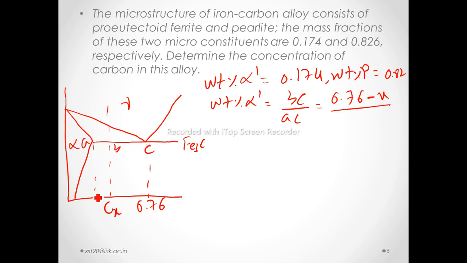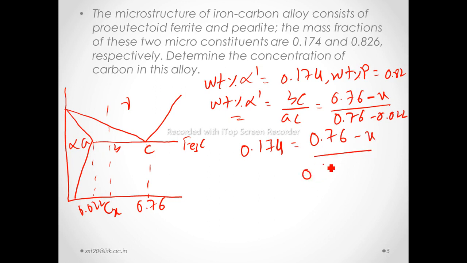We know this value, right? 0.76 minus 0.022. We know this value and we need to calculate the x value. This is very easy, right? Standard mathematics. From here we will get the x value.